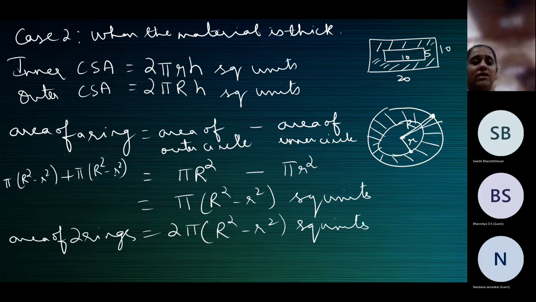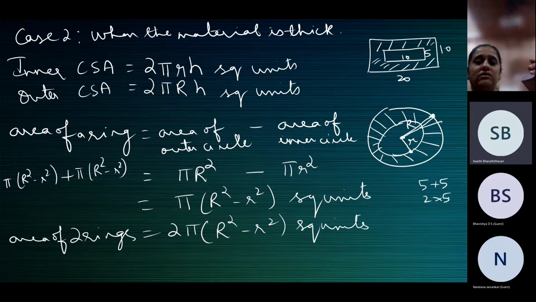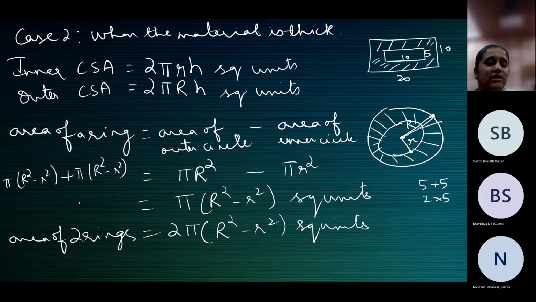Yes, ma'am. Now what is 5 plus 5? 5 added to itself is 2 into 5, right? Yes, ma'am. Repeated addition is multiplication. 5 plus 5 means 2 into 5. Similarly, pi R square minus r square plus pi R square minus r square is 2 into pi R square minus r square.